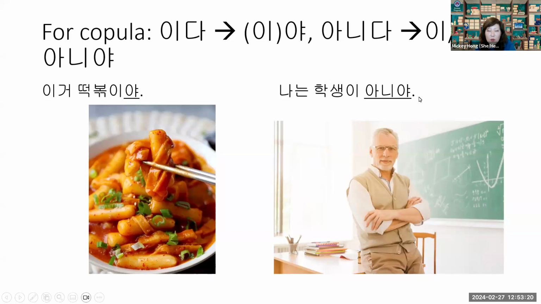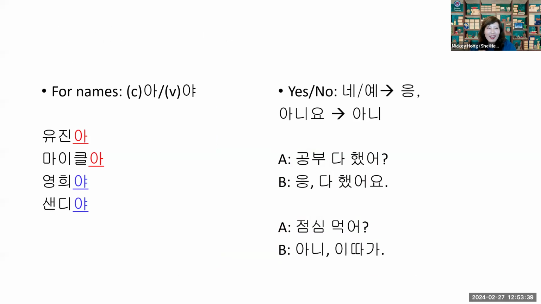Remember, first person topic, the humble form is 저는, right? 나는 is a non-humble form. So he sounds very casual saying, I'm not a student, to somebody who's very young, probably not even a student, but like a kid, you guys.